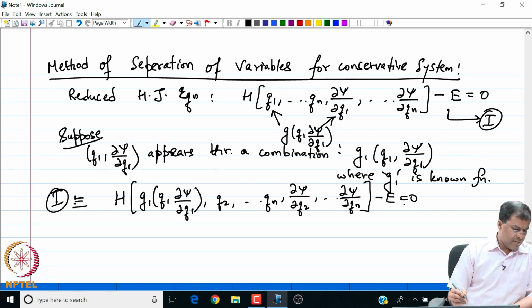So, now notice that since we have separated out the variable q1, possibly in this situation we can have a solution in which the variable q1 can be separated.